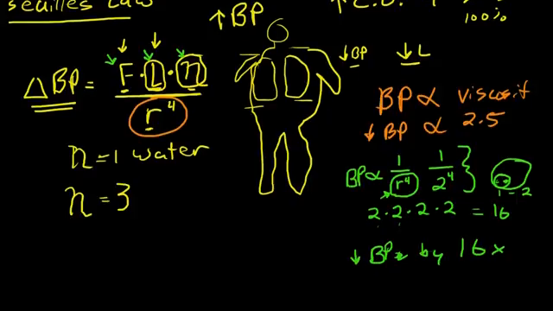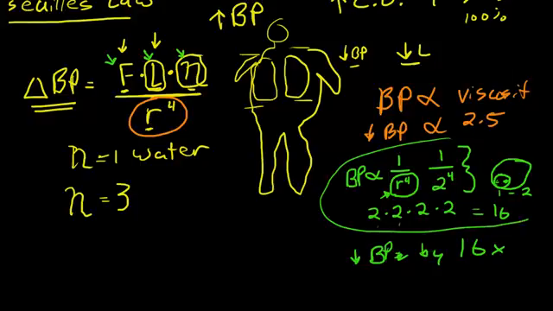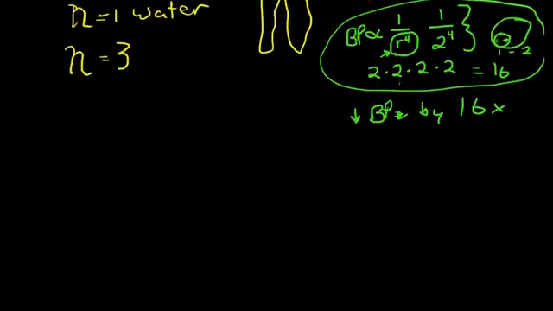So the radius of the blood vessel is the factor that has the most consequence for changes in blood pressure. Okay, so how does the body control blood pressure? Well, the main way that it controls blood pressure is by changing vessel diameter, or by changing the vessel radius.